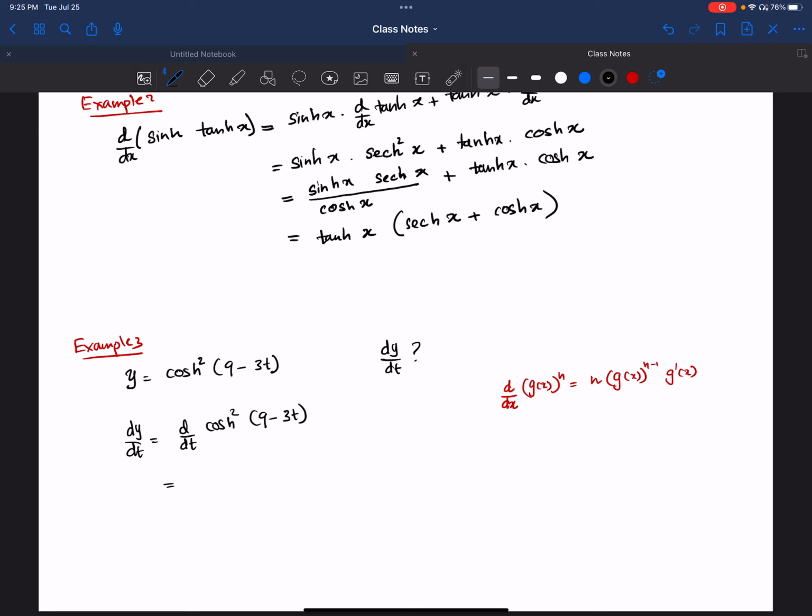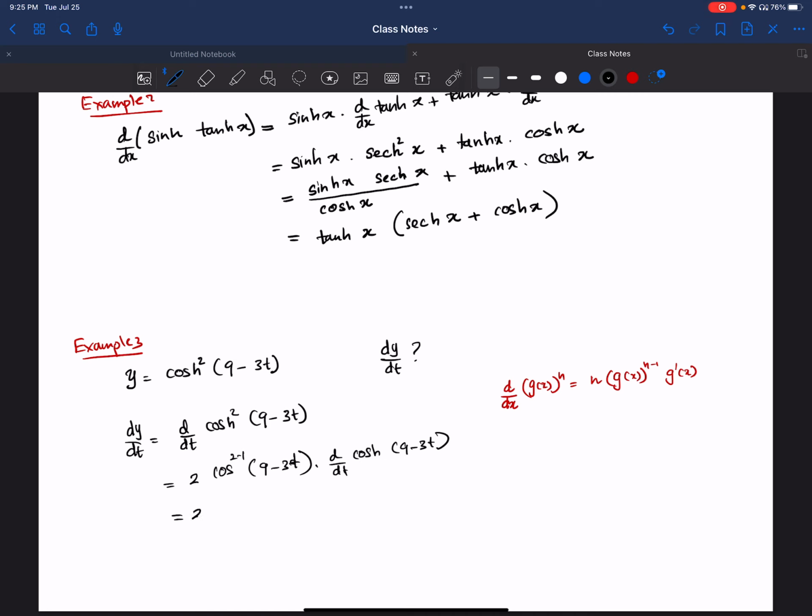It's going to be 2 times cosh to the power 2 minus 1 of 9 minus 3t times d over dt cosh of 9 minus 3t.